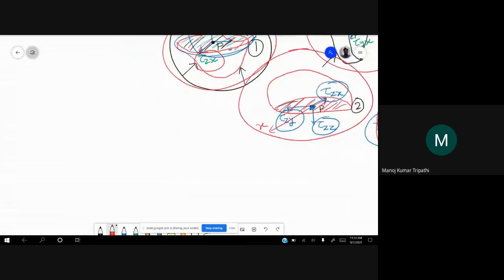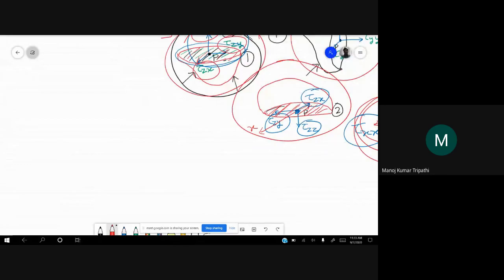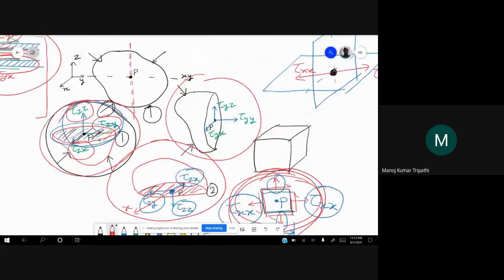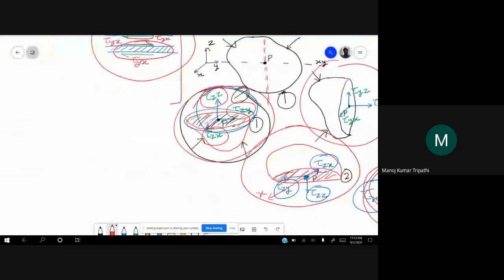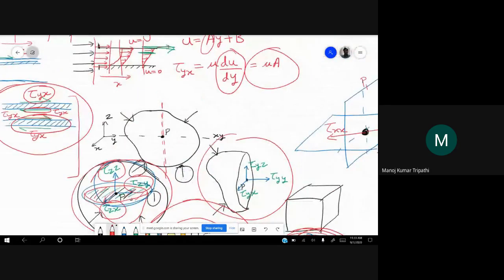Now let me discuss the relationship between tau yx and tau xy. How are they related? Because we just said that the shear stress is equal to viscosity times strain rate, but we did not say which one, tau yx or tau xy.